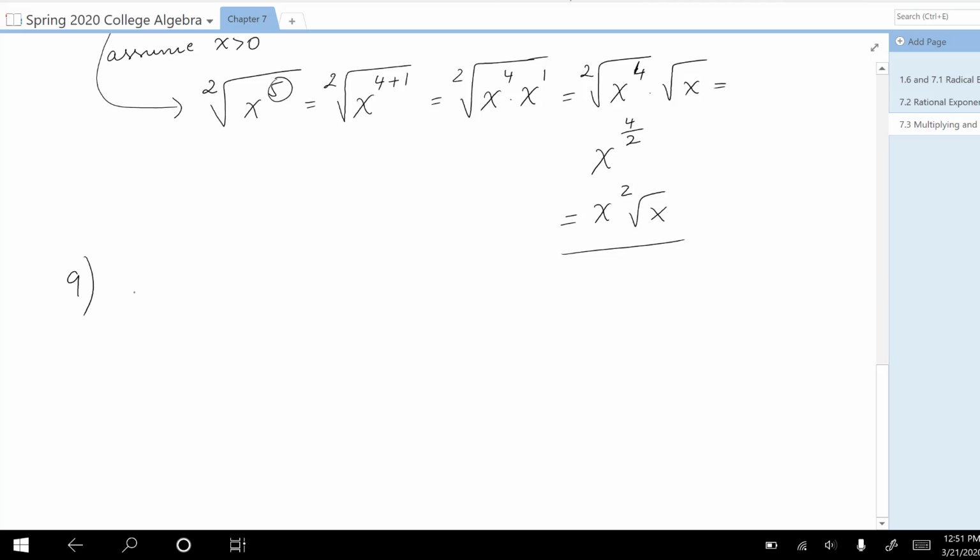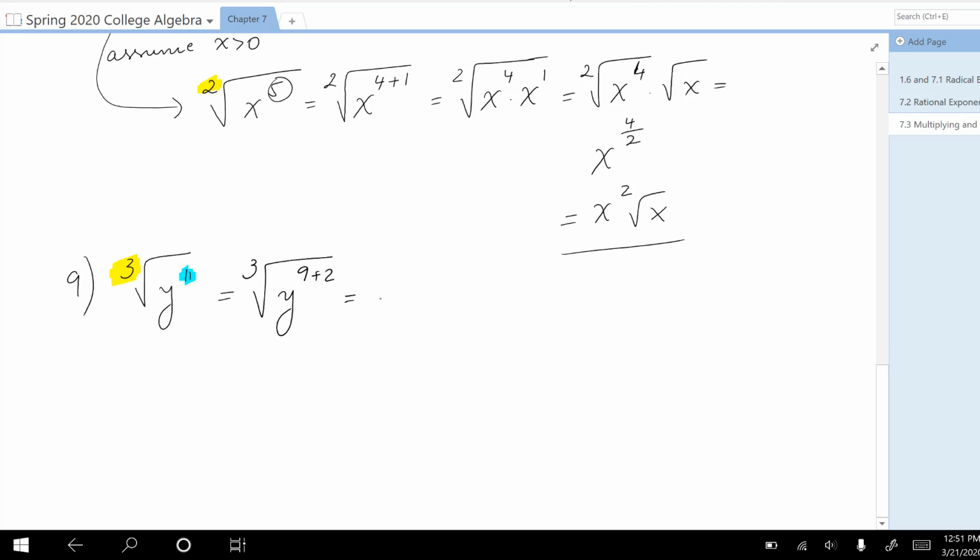9. Cube root of y to 11. Well, as in the previous problem we wanted to write multiples of 2, this time I want to write this 11 as multiples of 3. That's right. So we write cube root of y to the 9 plus 2.